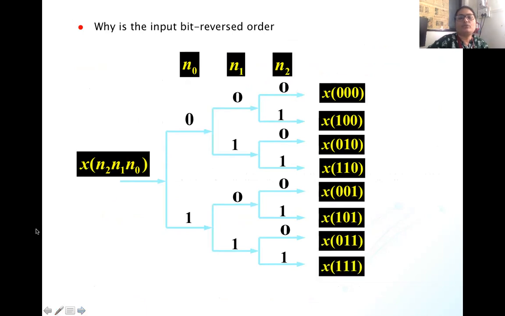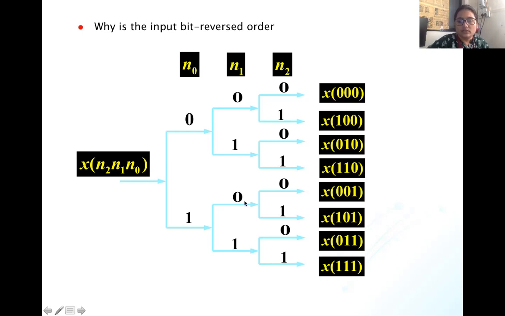What I have told you: first, we have divided the sequence into even sequence and odd sequence. Further, the even sequence is divided into further even and odd, and again into even and odd. So 0, 0, 0 has come first; 0, 0, 1 has come second; 0, 1, 0 has come third; 0, 1, 1 has come fourth.